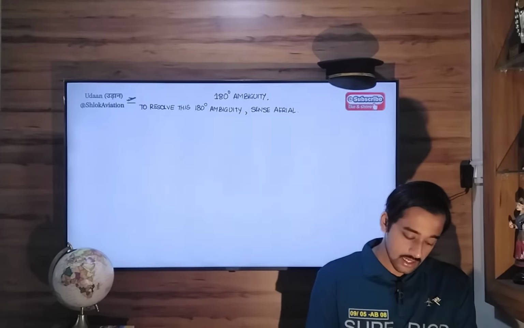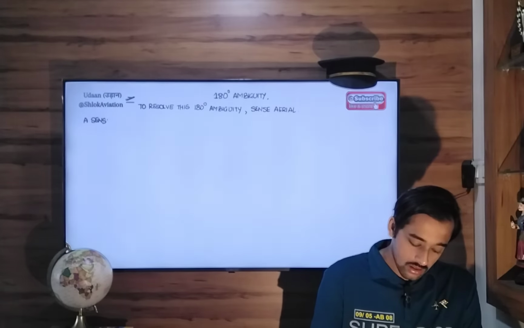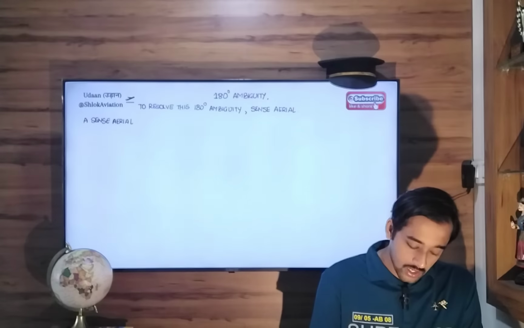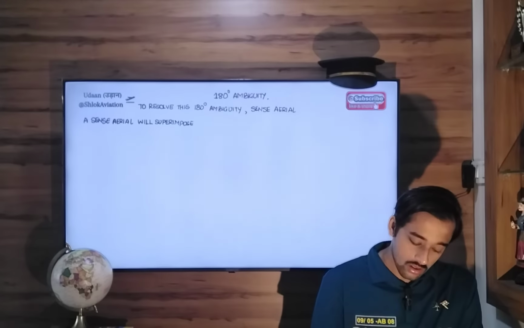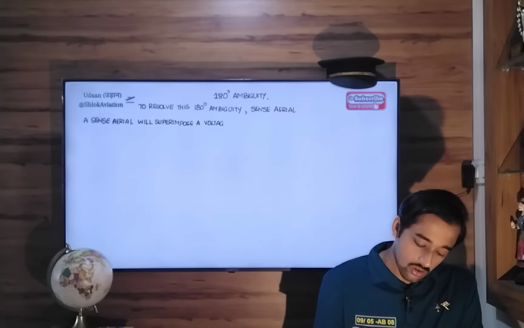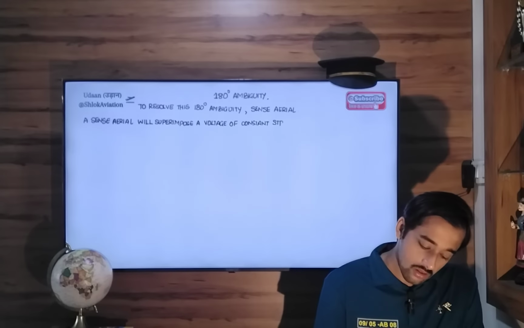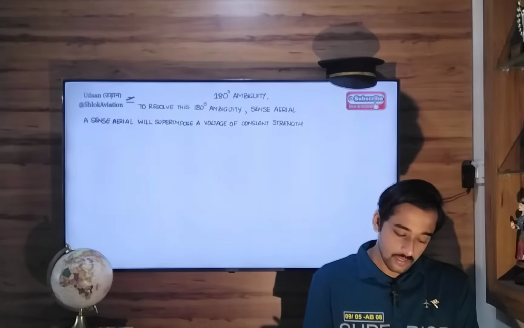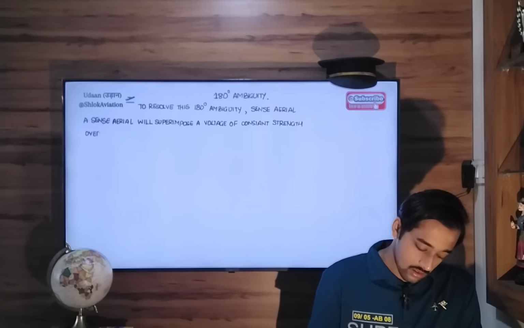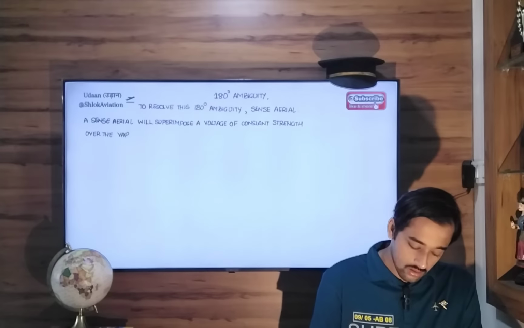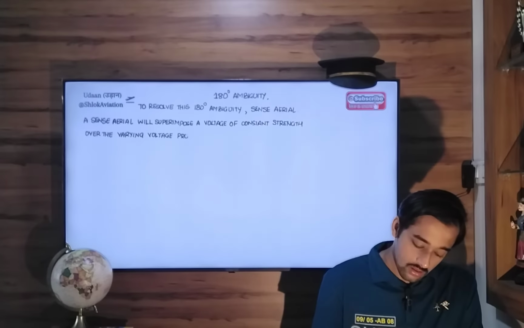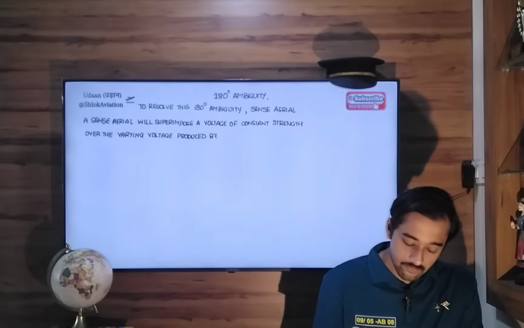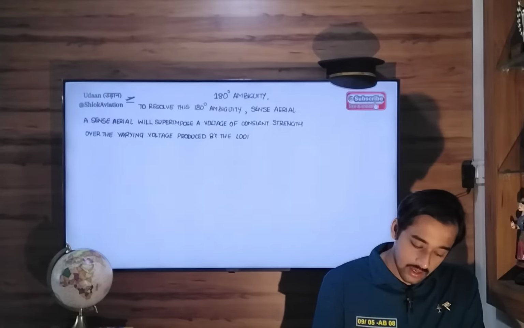Now what a sense aerial does is, it will superimpose voltage of constant strength over the varying voltage produced by the loop aerial.